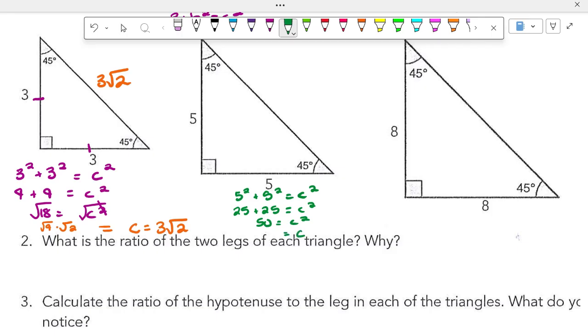So c is equal to the square root of 50. I want to simplify 50. So what's the highest perfect square that goes into 50? 25. And 25 times what is 50? 2. So this would be the square root of 25 times the square root of 2. So that would be equal to what? 5 square root 2. So this side is 5 square root 2.